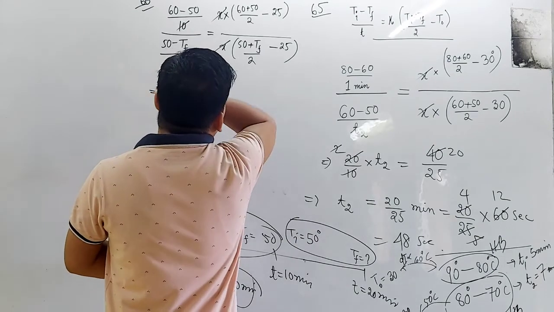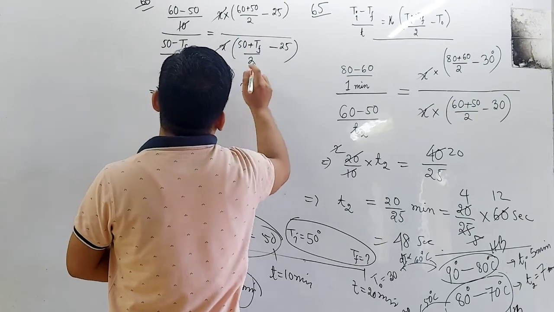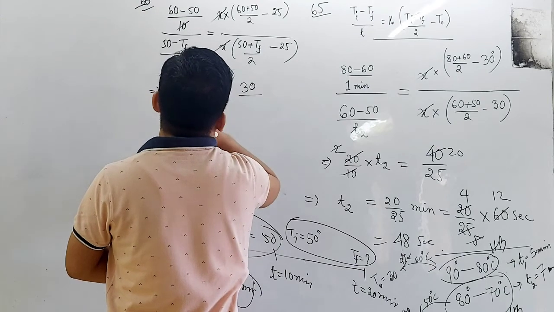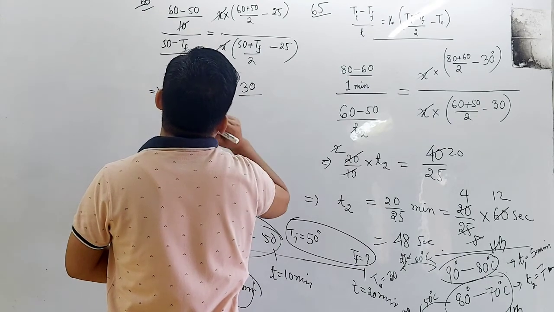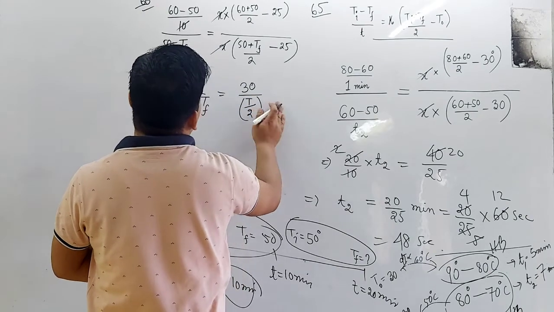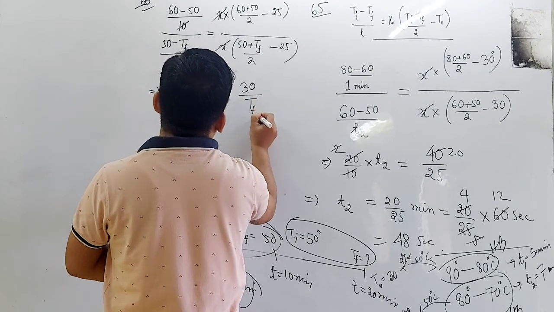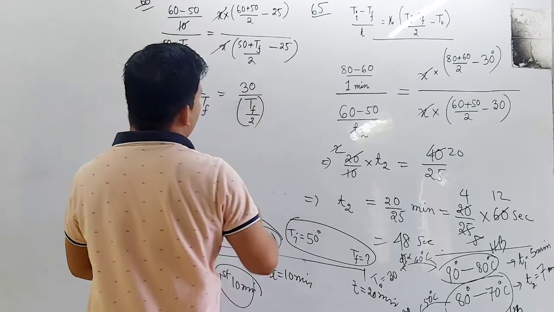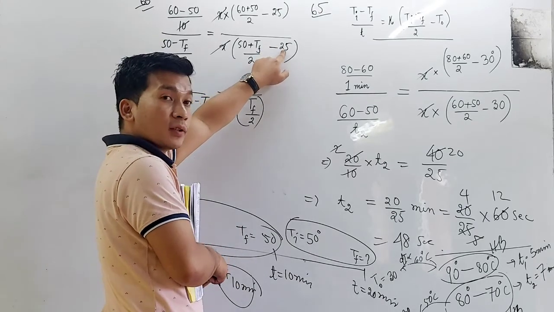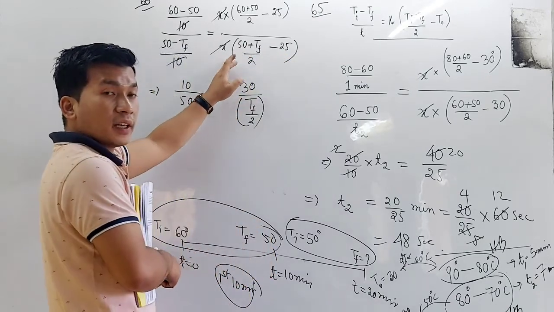This cancels out, and we are left with 30 divided by, cancel, Tf divided by 2.